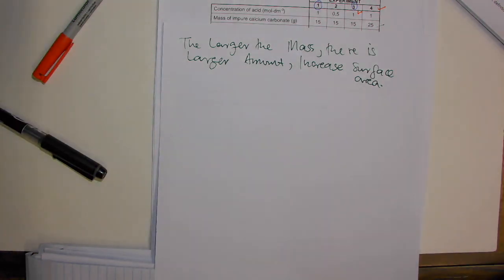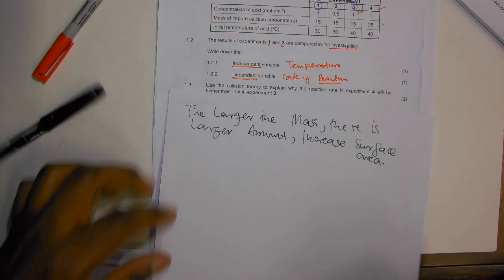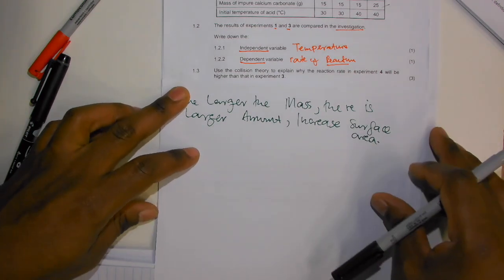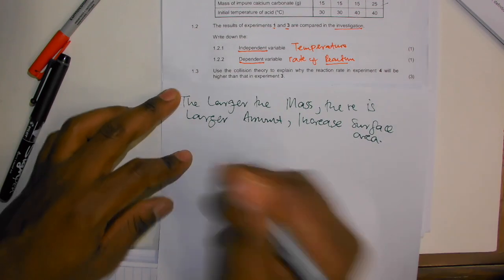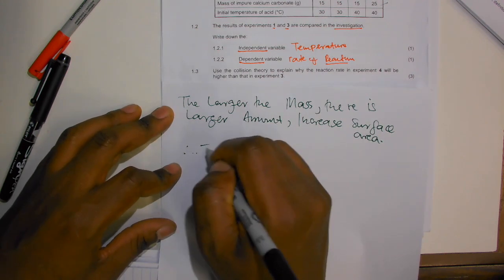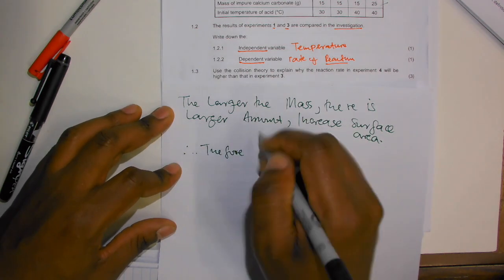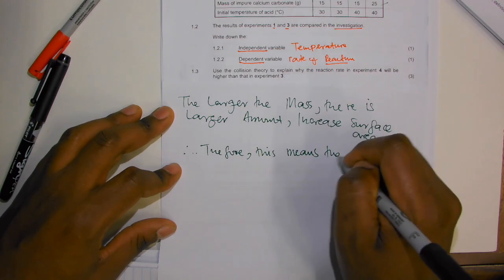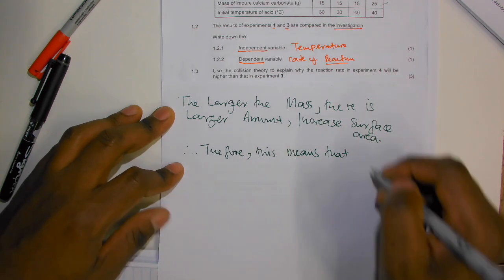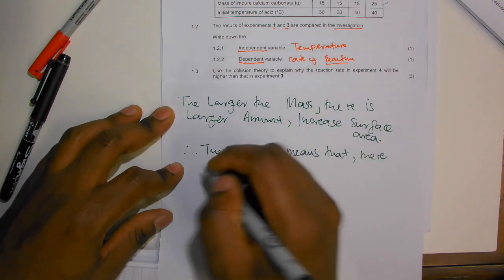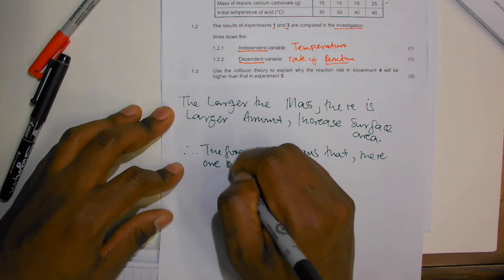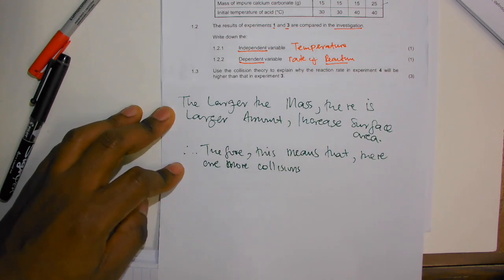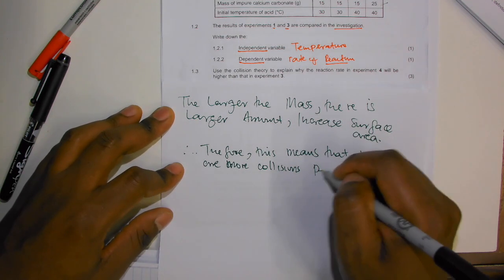Therefore, because they said to base this question on the collision theory, right? We really need to talk about the collision theory there. Therefore, this means that there are more collisions per unit time.